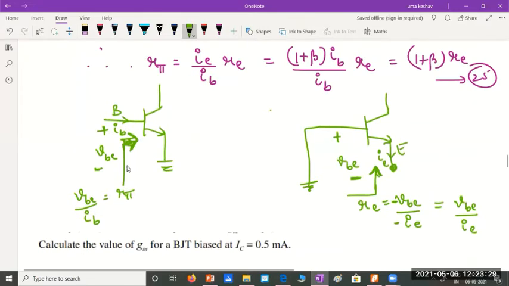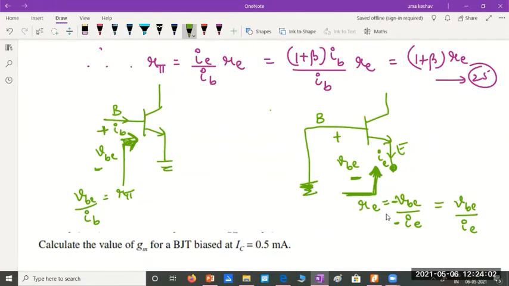So to identify what is the difference between r pi and RE, I've shown you this diagram where r pi represents VBE by IB, the resistance as seen between base and emitter terminals when the emitter was grounded. But RE here indicates the resistance as seen between emitter and base when the base is grounded.